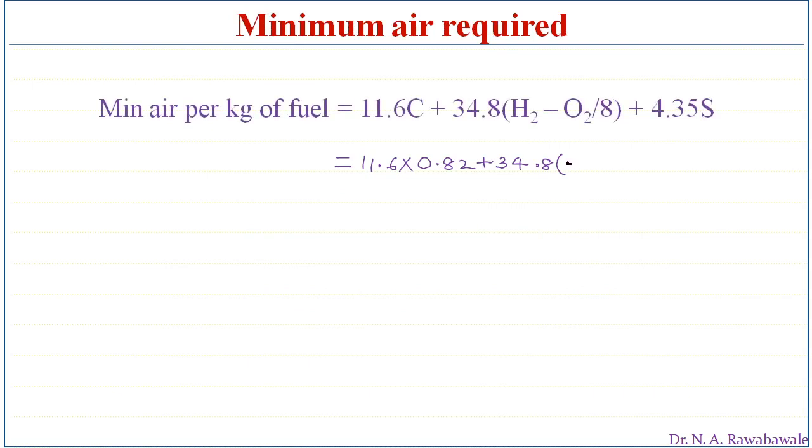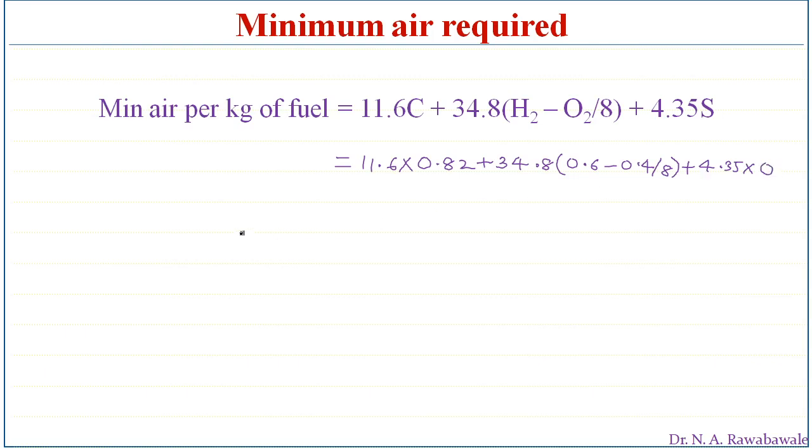So hydrogen is 6%, 0.6 minus 0.4 divided by 8, plus 4.35 into, there is no content of sulfur, sulfur is 0.